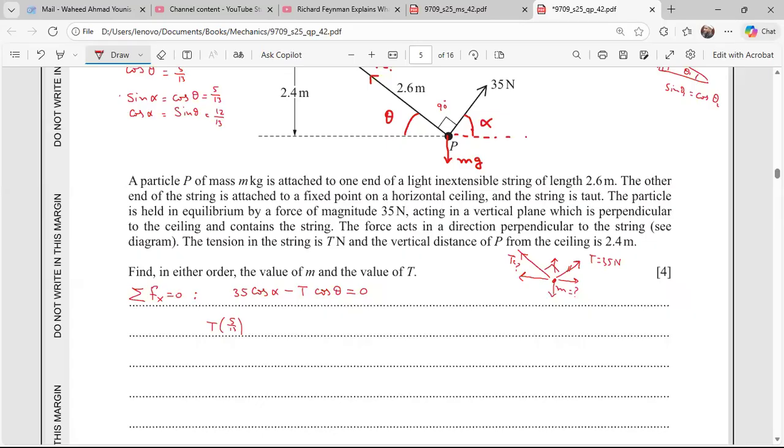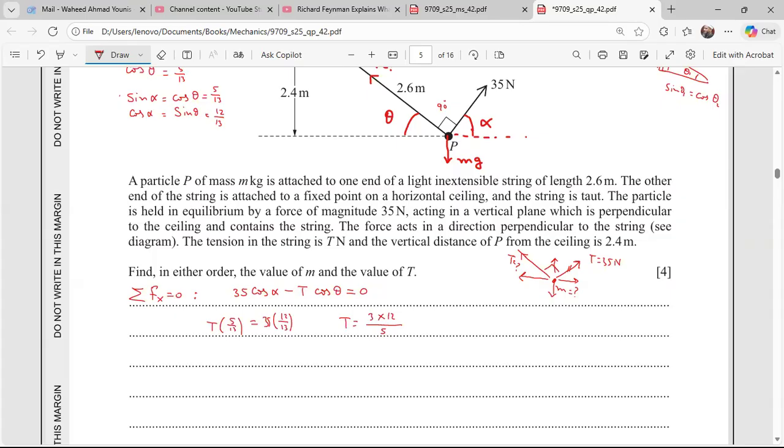Okay, this is equal to 35, and cosine of alpha, which is 12 by 13. So from here we conclude that this T is 35 into cos of alpha, which is 12 by 13. Sorry, T is 35, not 30.